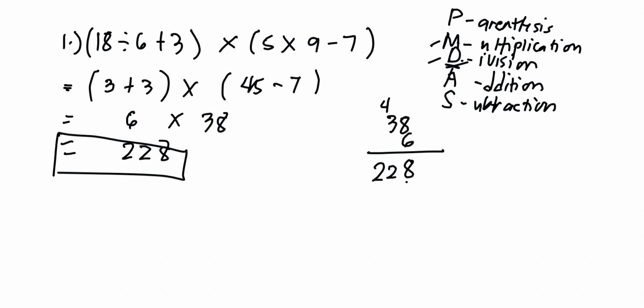And if there is addition and subtraction in the series of operations, you have to solve first whichever comes first, whether it's addition or subtraction. So as long as you solve multiplication and division before addition and subtraction.